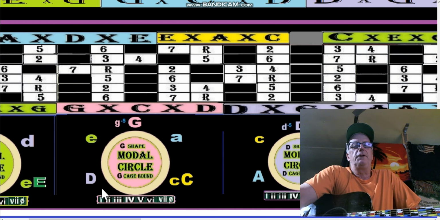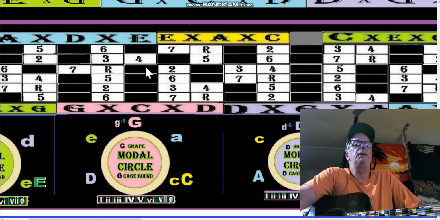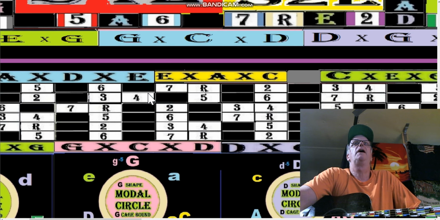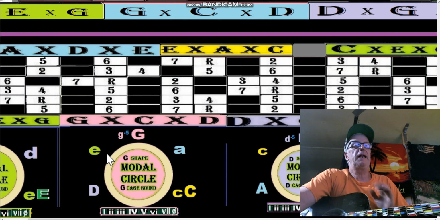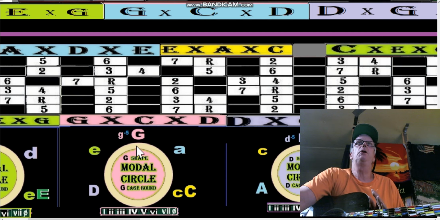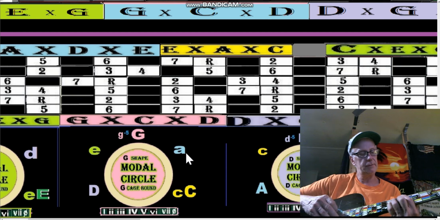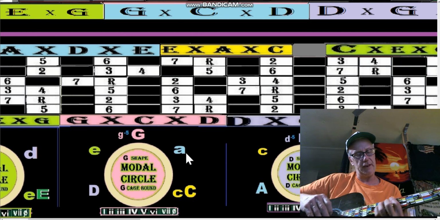If we want to do the diatonic now, with that G, what are we looking at here? We're looking at a big, real big S5L. So remember, we can play that S5L with any of these modes. So let's do our A minor off of the G shape. So we're up here.